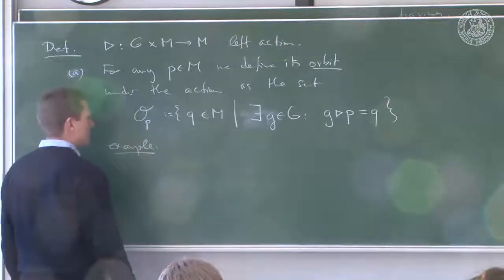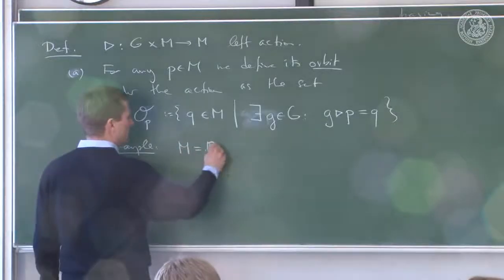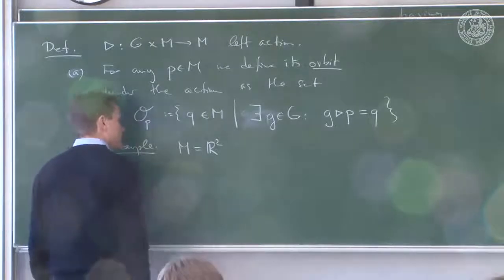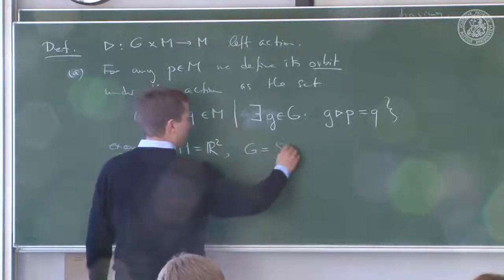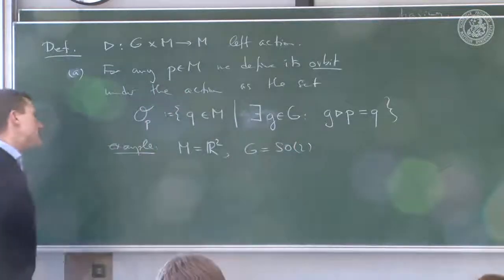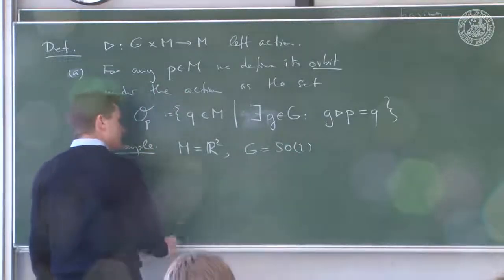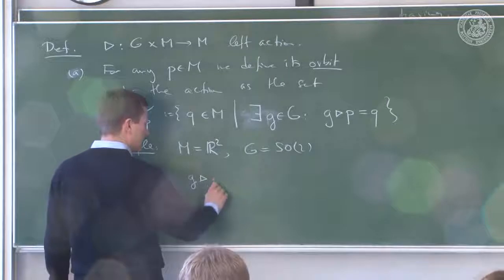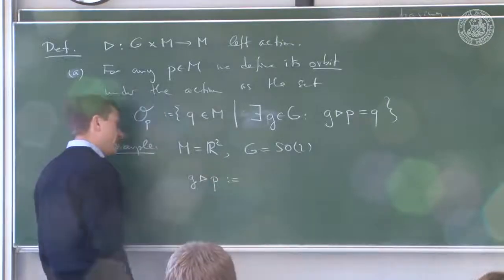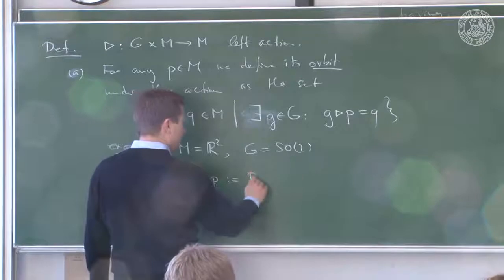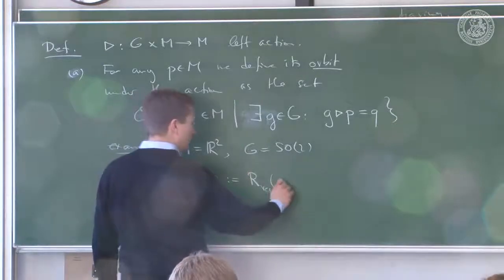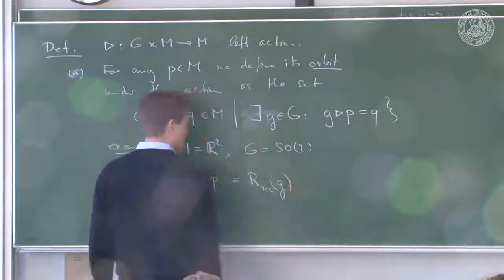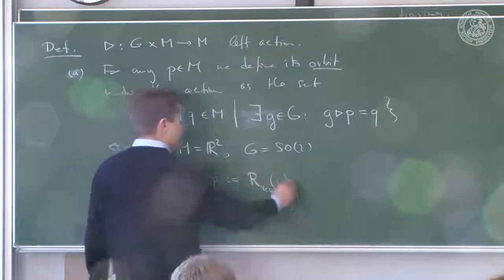Example: let's say the manifold is R2, and let's say that the group is SO(2), and let's say that the left action of G on a point in R2 is defined as the vector representation of this guy acting on the point P.